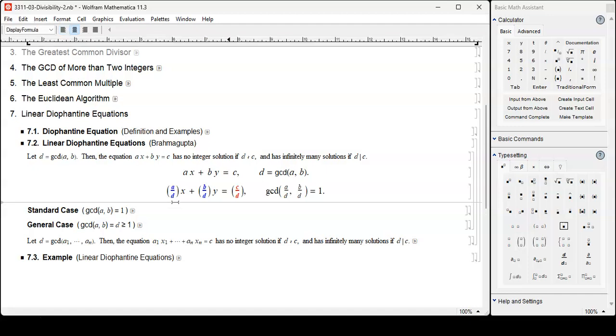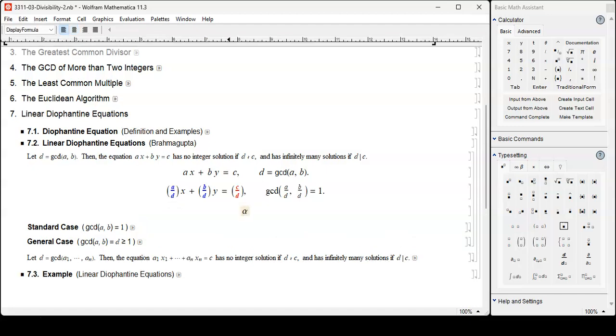A over D, say alpha, and B over D, say beta, and C over D, gamma. We get that. And then GCD of alpha and beta is 1. So through this arrangement, we come down to the standard case.